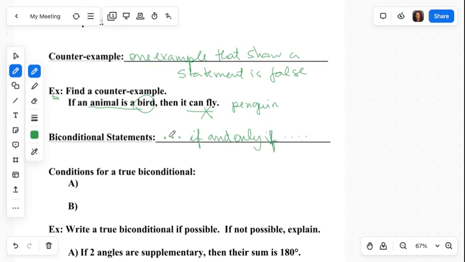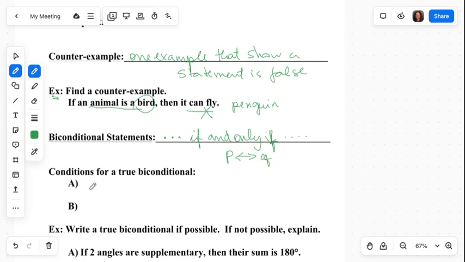So P if and only if Q. We put P and then we use the double-sided arrow to indicate the if and only if, and that means that we have the hypothesis P, so Q is true, the conclusion is true, and also it goes the other way. If Q is the hypothesis, then P is true.